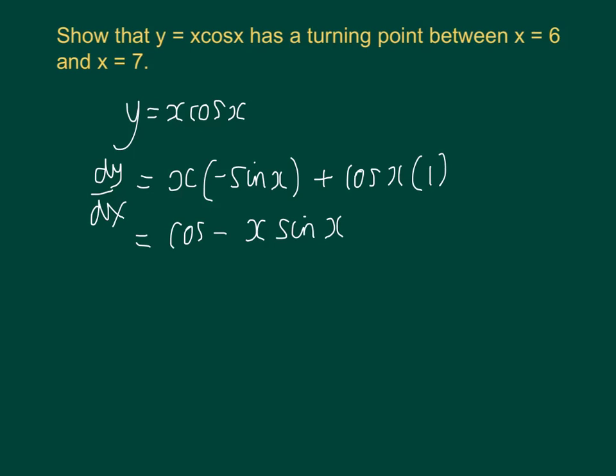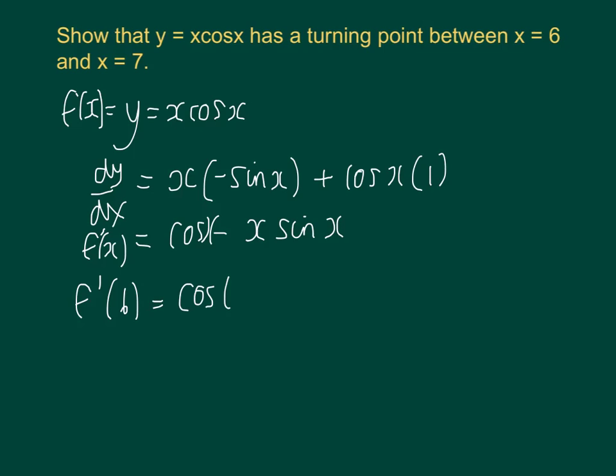So we want to know if there's a turning point between the values x equals 6 and x equals 7. So let's call this f dashed of x, and let's call the function up here f of x. So f dashed of 6, we need to use radians for this.